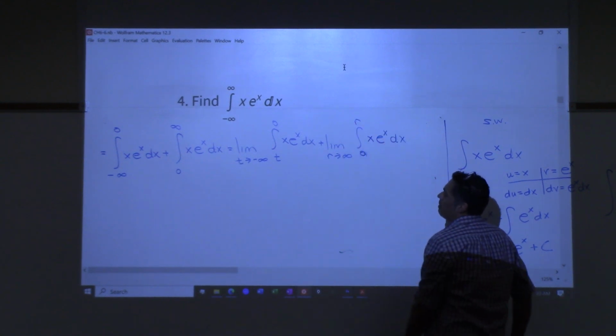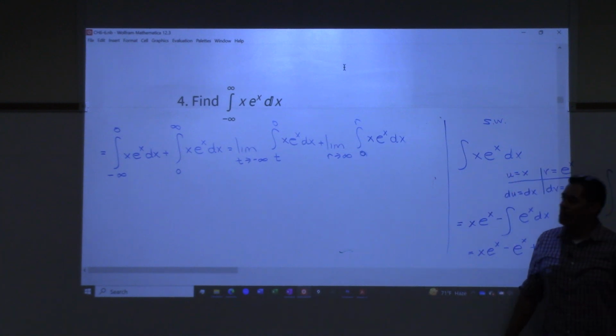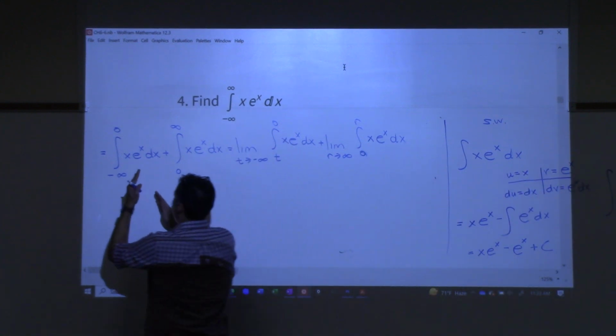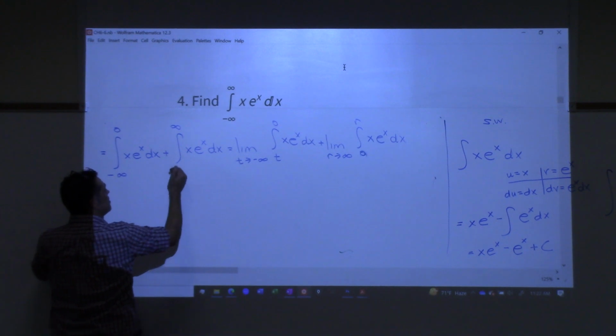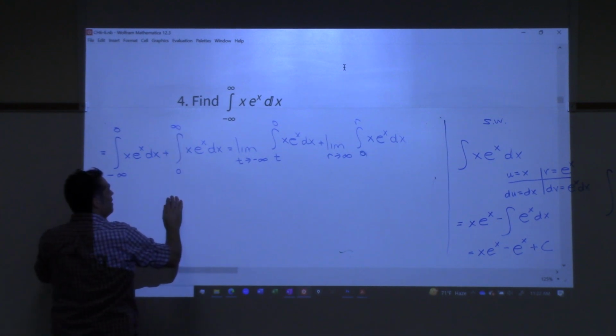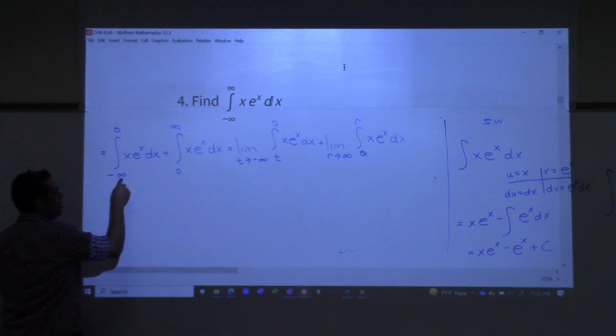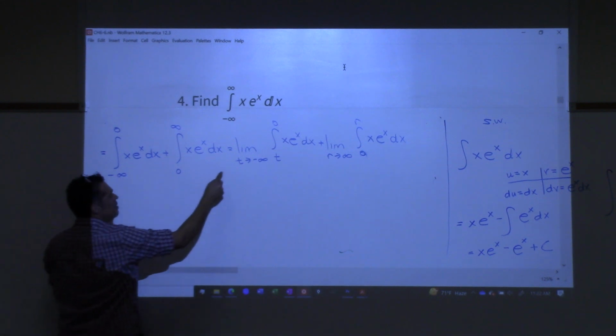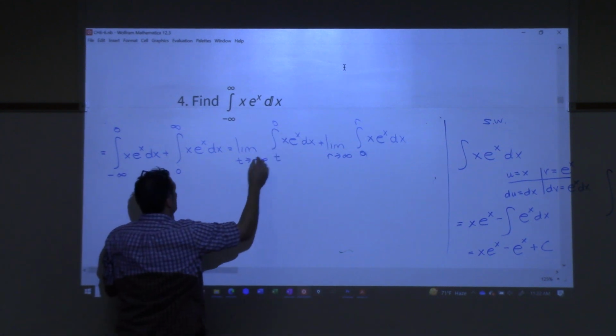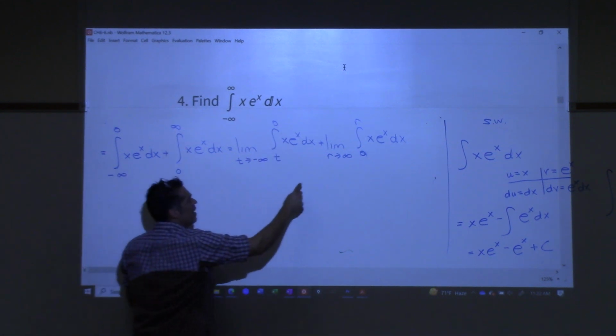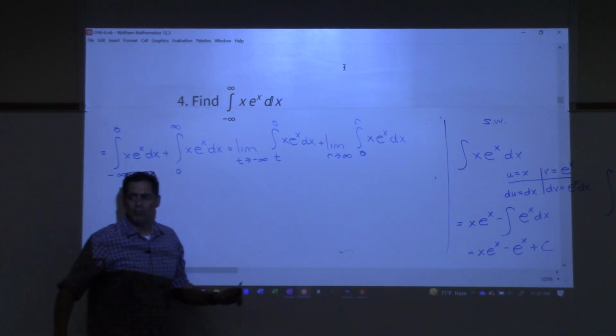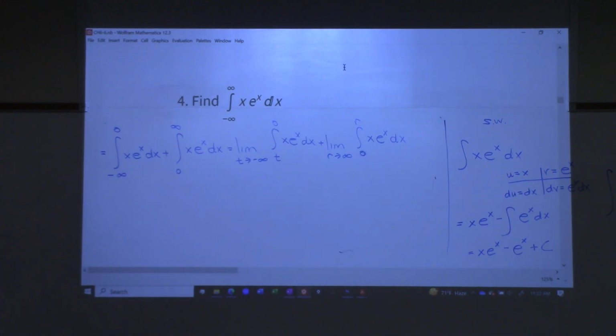That's just me writing everything we just did on the previous problem. I split this into two integrals, then replace one limit with t and let t go to negative infinity, and replace the other with r and let r go to infinity. Good or no? Yes? I know, I wrote that really quickly.